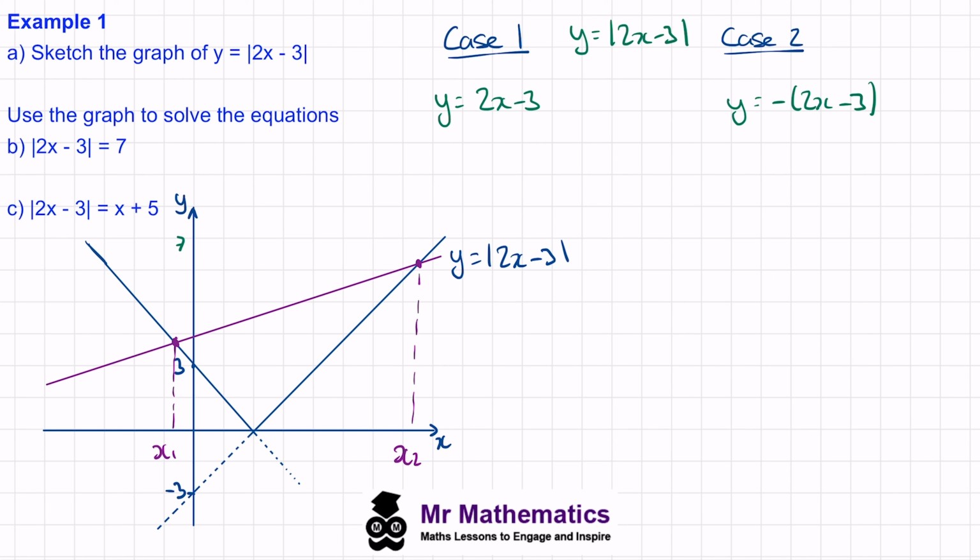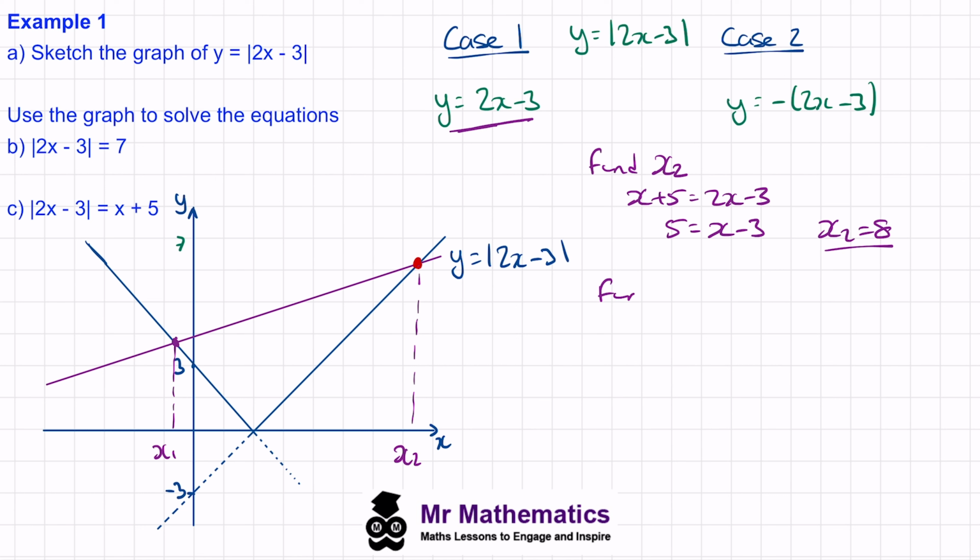If we go back to our two cases, y equals 2x minus 3 is in this solution. So to find x2, we'll use case 1. So x plus 5 will be equal to 2x minus 3. So we get 5 is equal to x minus 3. And then we'll move a negative 3 to the left hand side. So x2 is equal to 8.